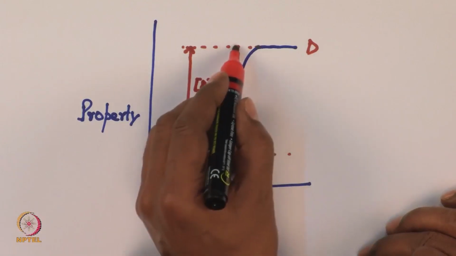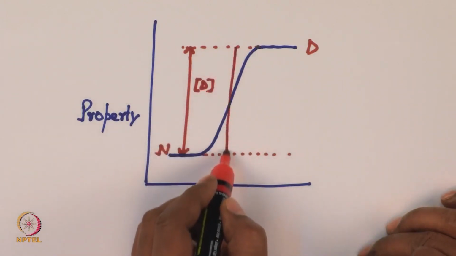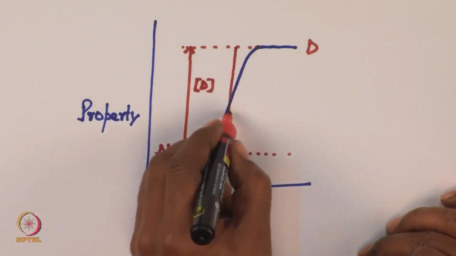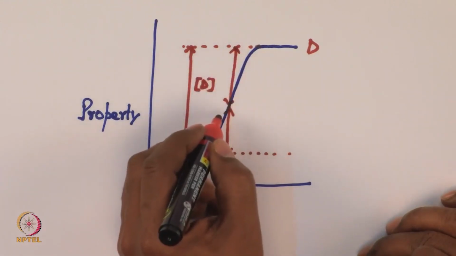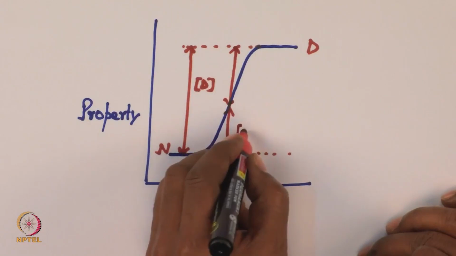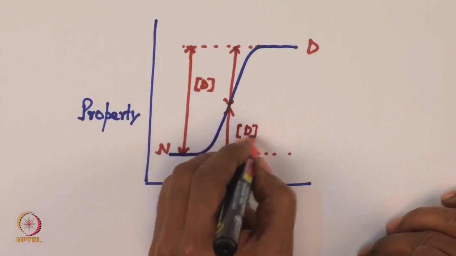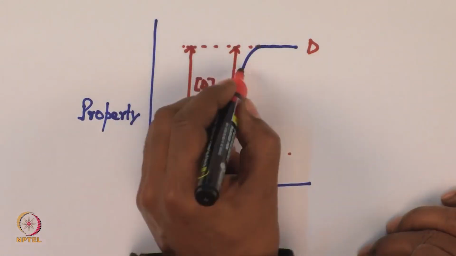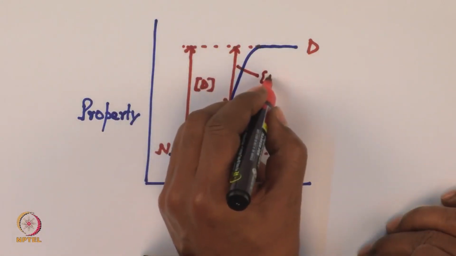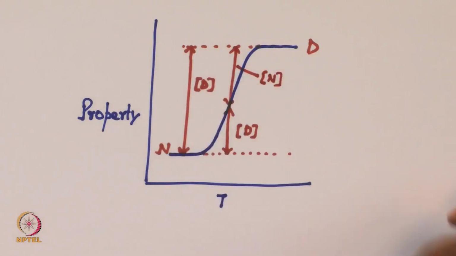And therefore, if I draw a line over here at this temperature, then these distances will be proportional to, this is the concentration of denatured state, this much protein has denatured and this much protein is still native. So, this one I can approximate by the concentration of the native state.